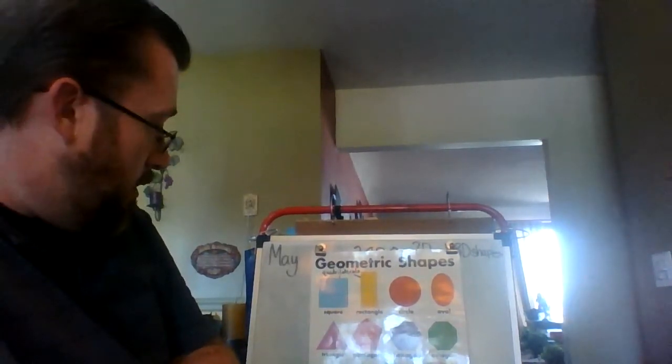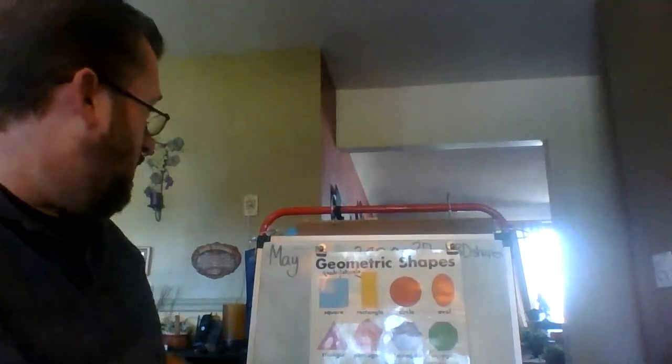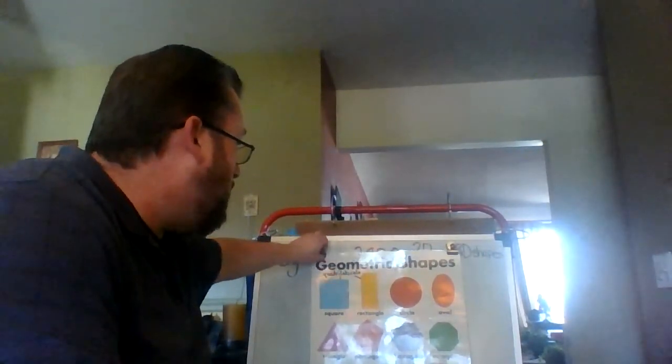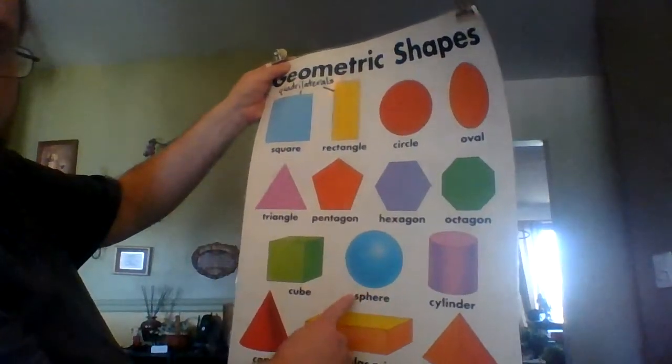The three-dimensional objects, the solid figures, there was one I didn't mention because this kit that I have right now doesn't have an example of it. But anything that's in the shape of a ball is called a sphere. Let's see if I can pull this up a little higher for you. You can see this one is called a sphere.